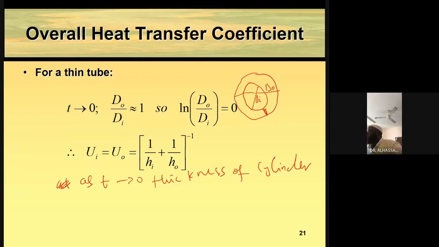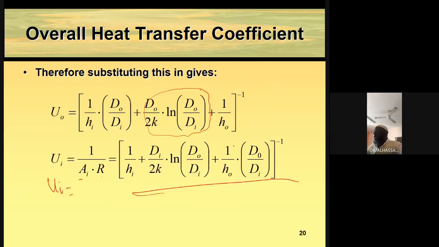So this implies that DI will be equal to DO. So then that means that DO divided by DI will be equal to 1. You understand me? If that is the case, now if we move back to this equation, then log of 1 is going to give us 0.